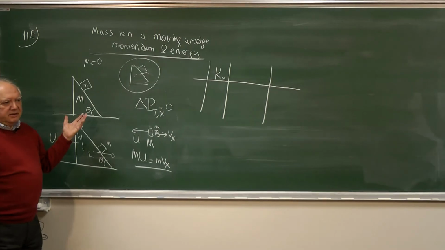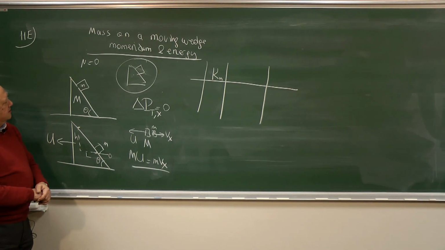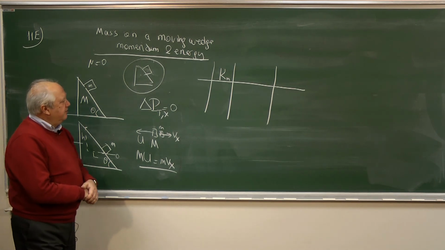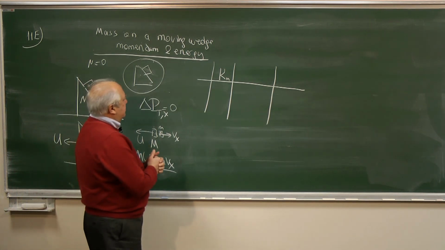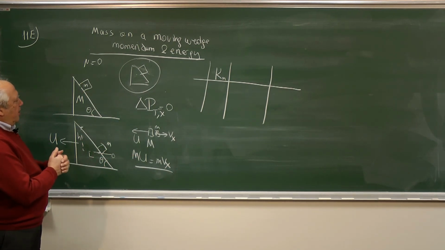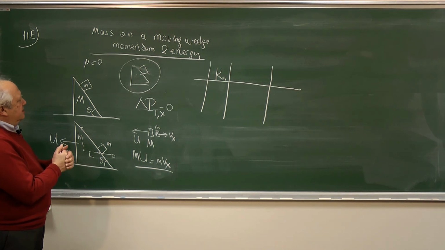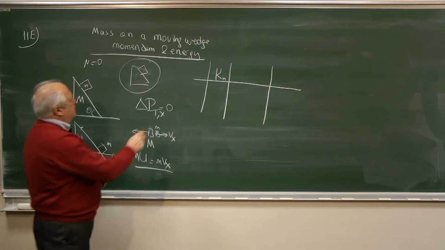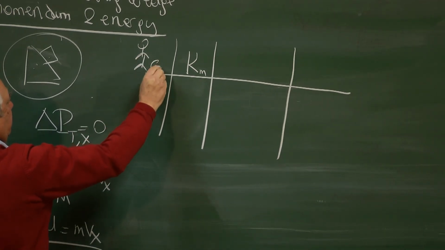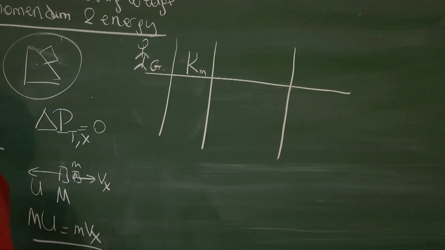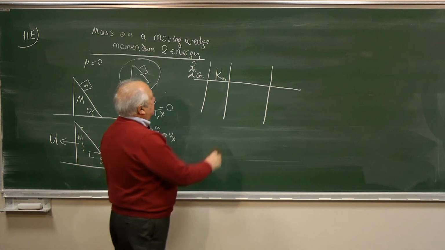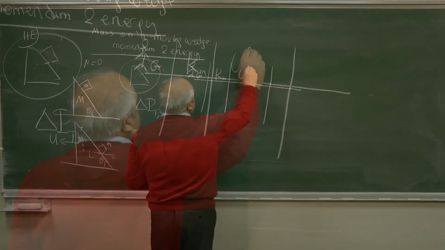There is no friction, therefore the energy in the mechanical motion is conserved. So let's write what sort of energies we have. And before writing the energies, let's notice for whom we are writing these energies. We are writing the energies for an observer on the ground. So here's our observer on the ground. Okay. So there is the kinetic energy of the small block, and the gravitational potential energy of the block.